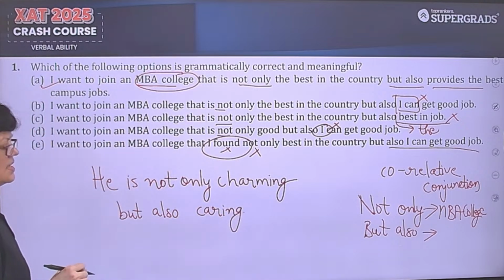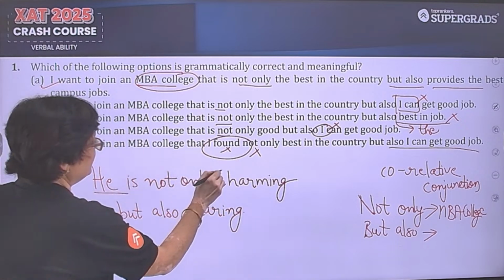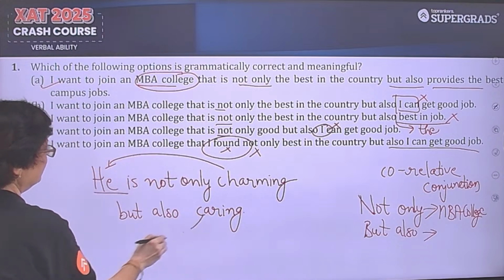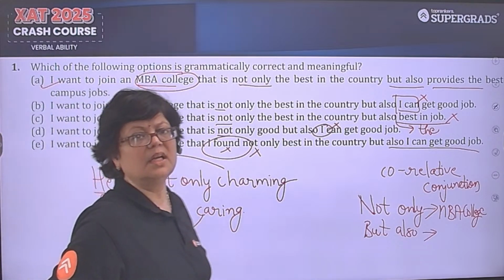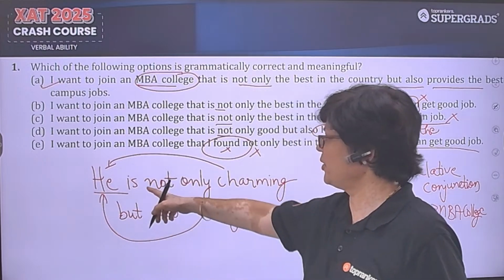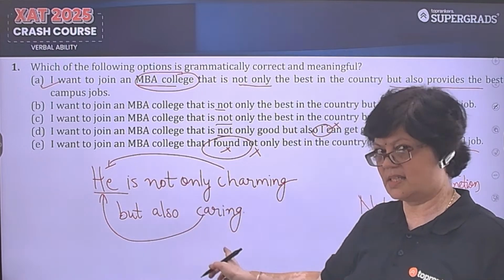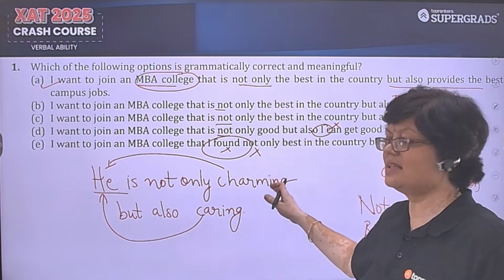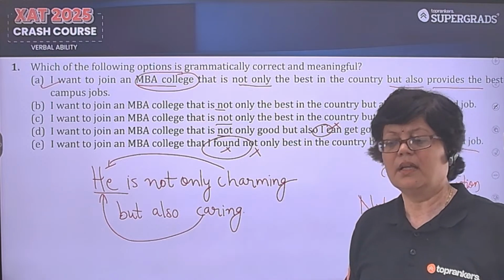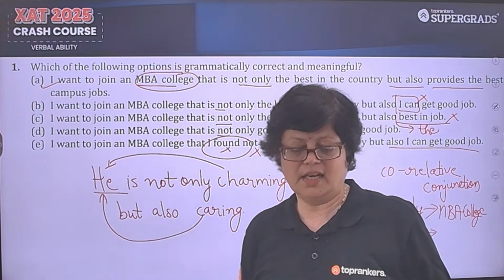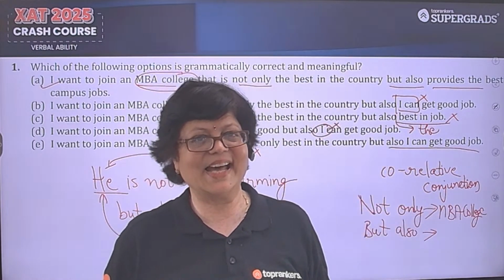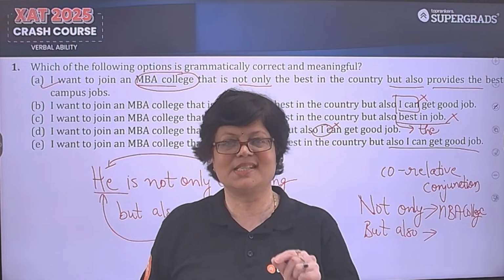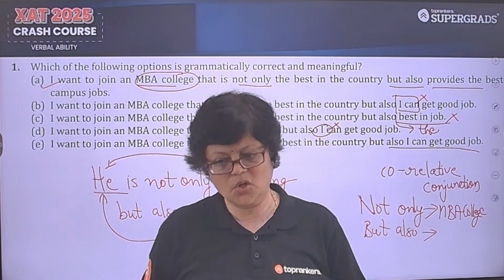So, what is the subject? He. This charming is catering to he. Caring is also catering to he. Caring and charming have been both used for the subject he. Hence, it is correct. You might find many such sentences, right? So, always read all the sentences carefully. Keep a deep observation. Rather, I should say, keep a hawk's eye, right? And then find out where the mistake is, and then select your answer option.